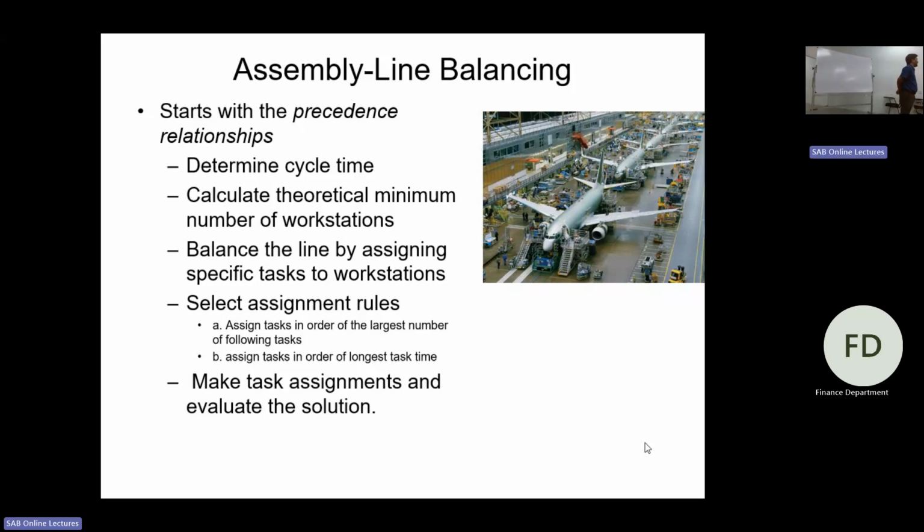Assembly line balancing, right? Assembly line balancing is the technique.